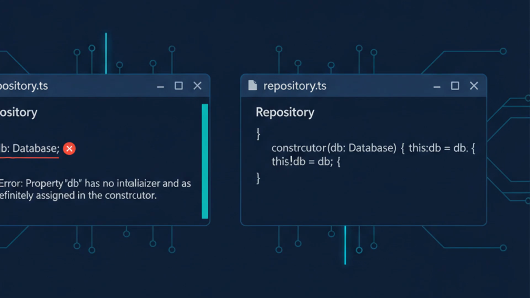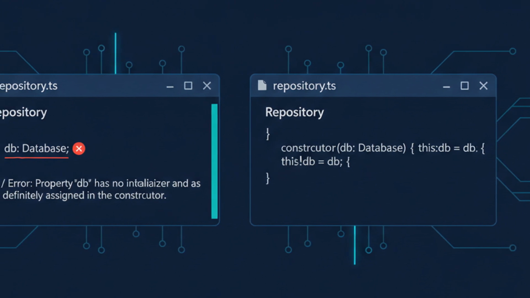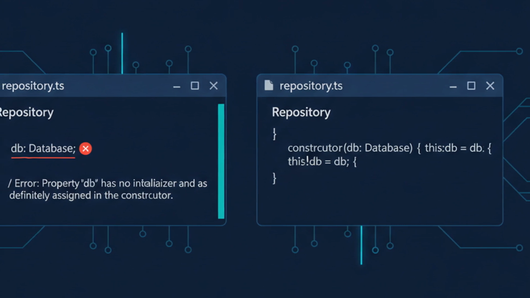Move into classes and strict property initialization takes over. It demands that every non-optional property gets a value by the end of the constructor. Forget to assign one and the compiler flags it. Because an unassigned property is silently undefined, masquerading as its declared type.